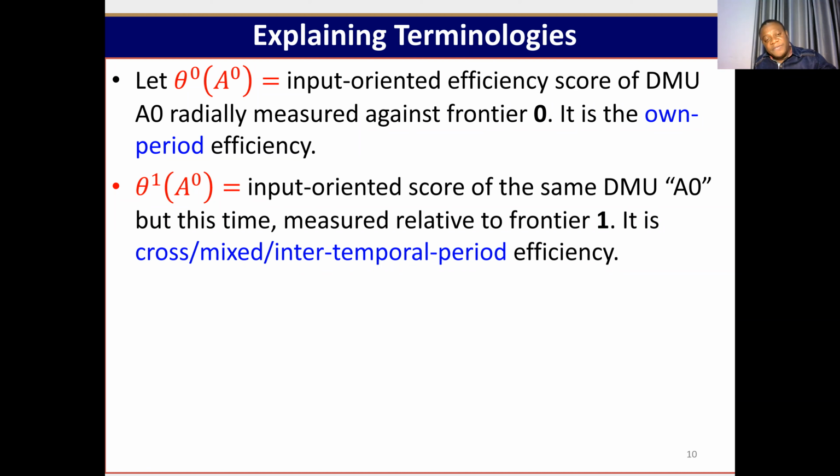Please know that a mixed period efficiency is also known as cross period efficiency, or intertemporal period efficiency. So there are different names you can give to this. It's the same A0 in the bracket, so it's the same firm, but the same firm's efficiency score is being measured in relation to different frontiers.